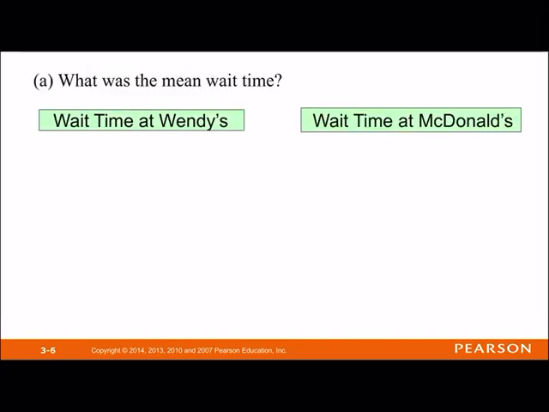Okay. So the mean wait time at Wendy's, when you add all those numbers together on the previous slide, you should get an answer of 41.72. And when you take that and divide that by 30, you should get 1.390667. The wait time at McDonald's, when you add up all of those wait times, it should come out to 41.59.